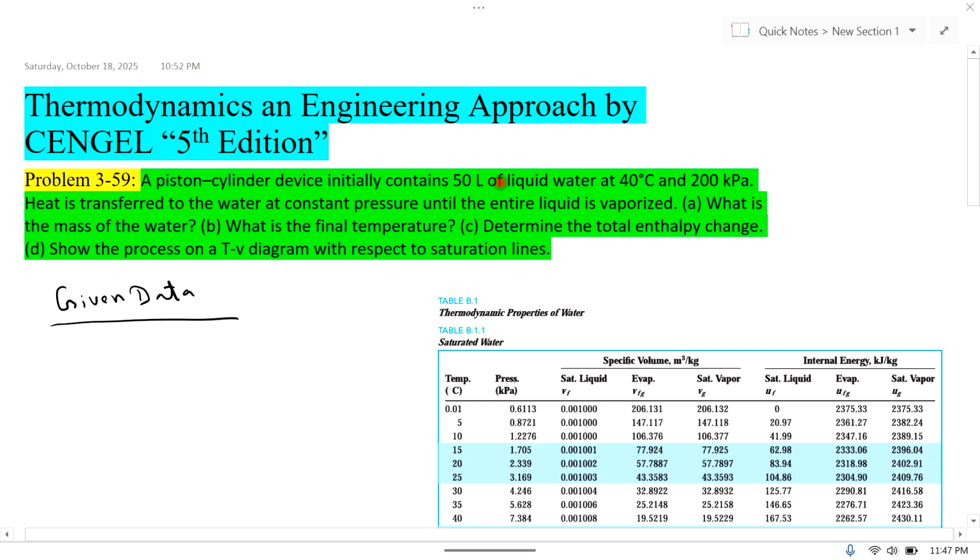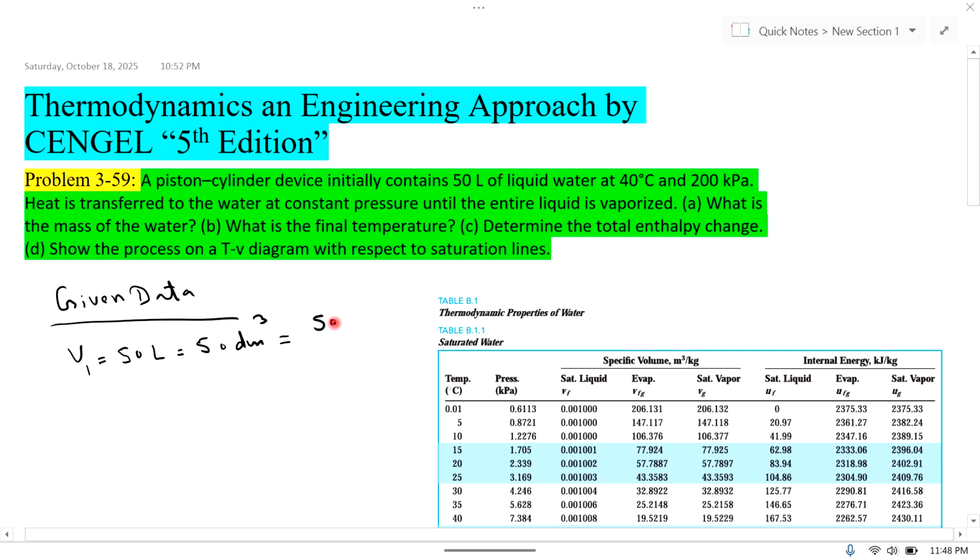Initially contains 50 liters of liquid. Initially volume is 50 liters. V1 is equal to 50 liters, and a liter is equal to dm cubed. So 50 liters is equal to 50 dm cubed, and if I convert dm cubed to cubic meters, divide by 1000.